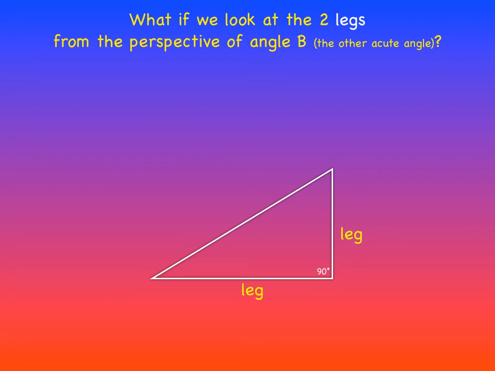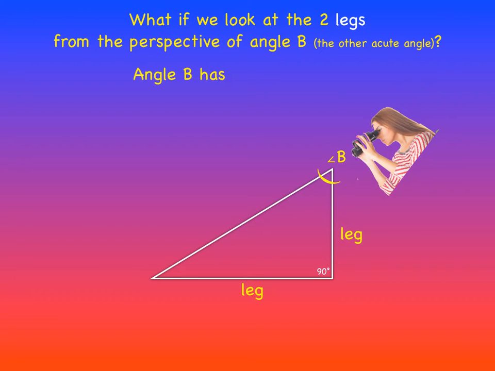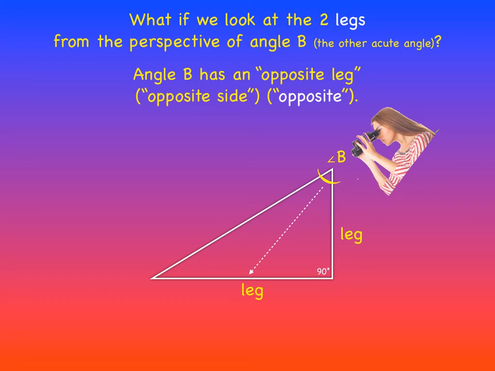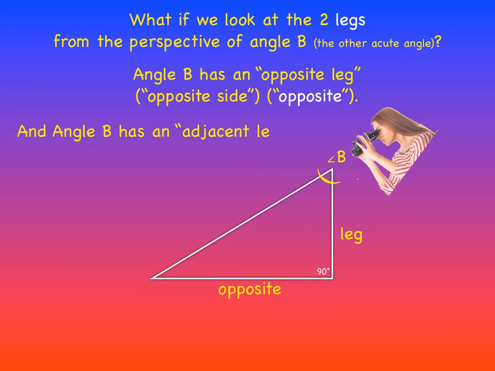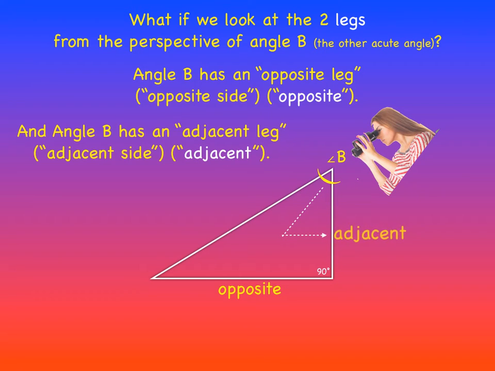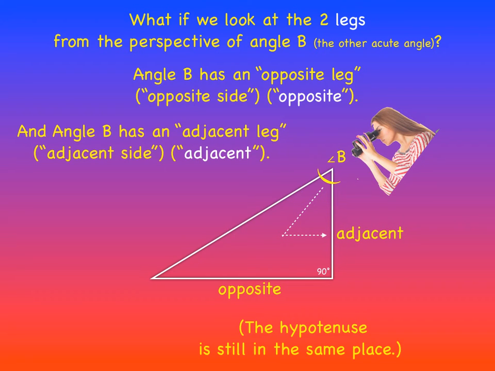What if we look at the two legs from the perspective of angle B, the other acute angle? Well, angle B has an opposite leg, or an opposite side. And angle B also has an adjacent. The hypotenuse is still in the same place.